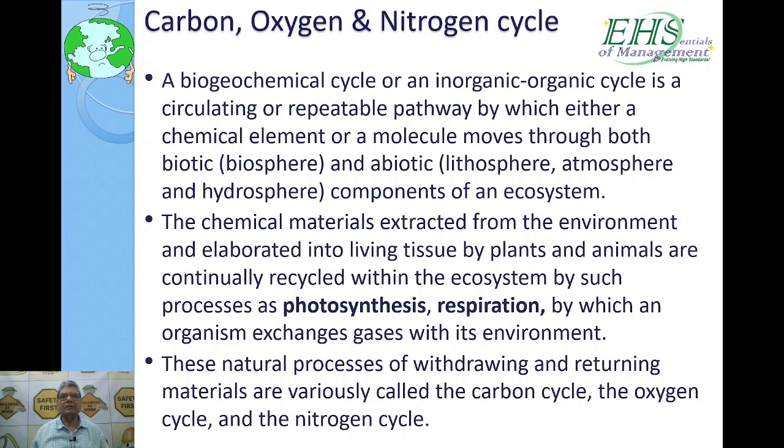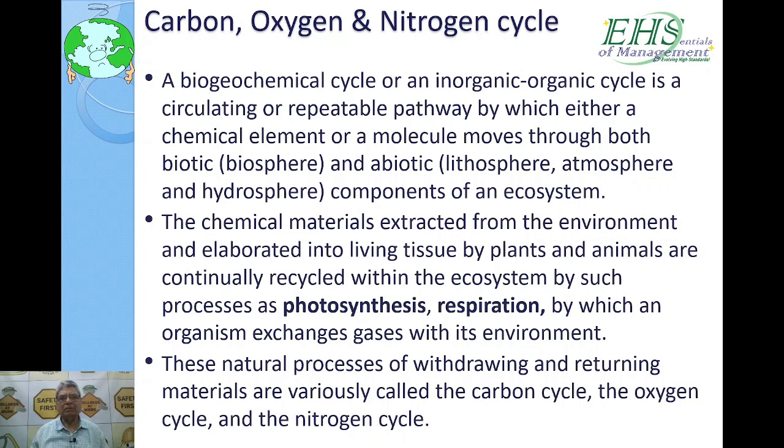Now, carbon, oxygen, and nitrogen cycle. So, other three cycles. There is a water cycle also, a biogeochemical cycle. So, it is a biocycle as well as chemical. So, it is a combination of bio and chemicals.